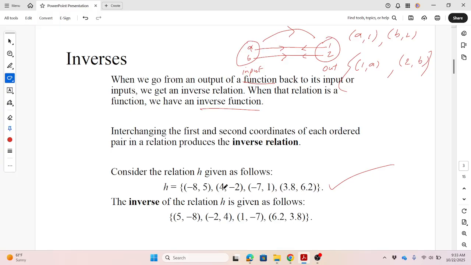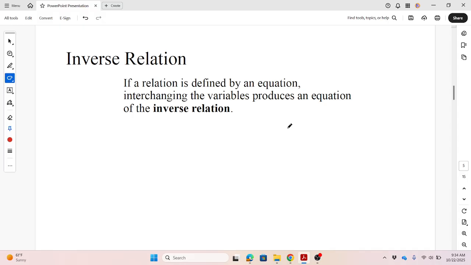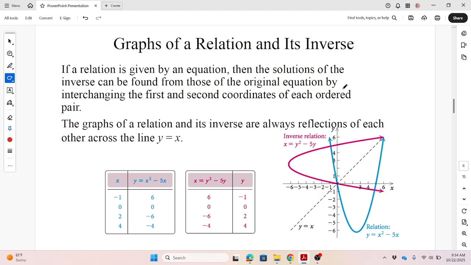So if this is a function and then inverse of that function is also function, that's the inverse function. Sometimes that might be a function. If a relation is defined by an equation, then you can find inverse. Interchanging the variables produces an equation of the inverse relation.